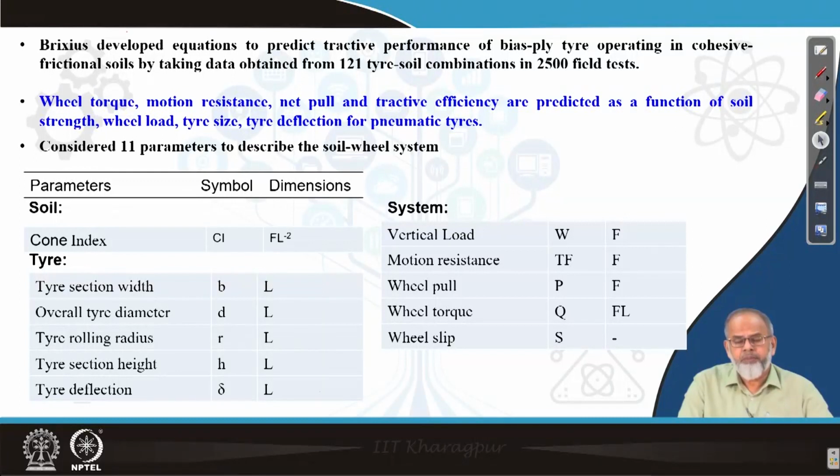He then applied the dimensional analysis technique, that is Buckingham's pi theorem. So, that means 11 minus 2, which should give 9 dimensionless ratio variables.